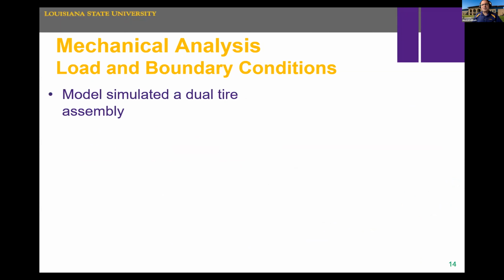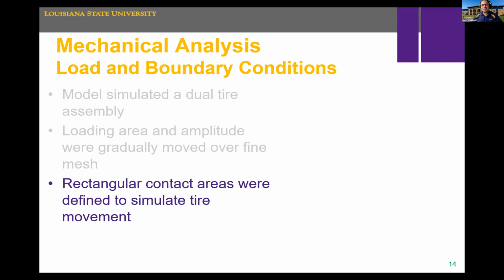So with respect to the load, again, we simulated the loading area. We simulated the dual tire assembly. And to simulate the movement of the load, we gradually shifted the loading area over the surface of the model. This loading area is basically representing the footprint of the tire.